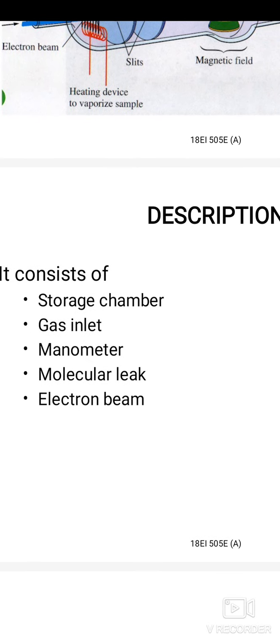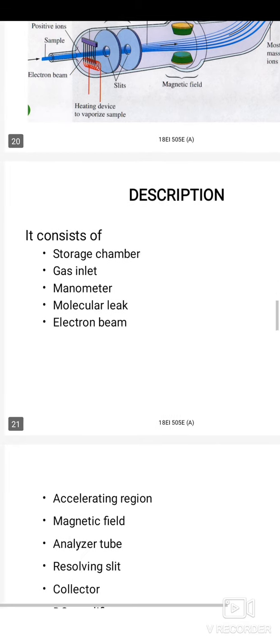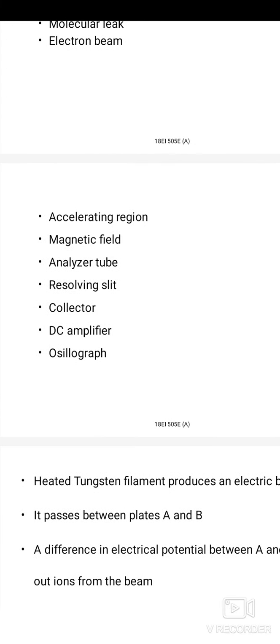We can see the description of this mass spectrometer. It consists of storage chamber, gas inlet, manometer, molecular leak, and electron beam, accelerating region, magnetic field, analyzer tube, resolving slit, collector, DC amplifier, oscillograph.